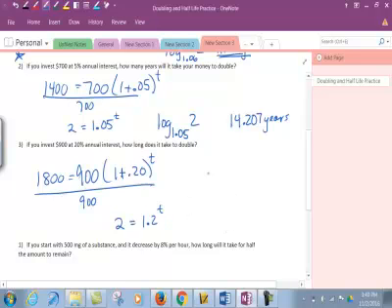Okay. And so when we do the log base 1.2 of 2, this time we get that it's going to take 3.802 years.